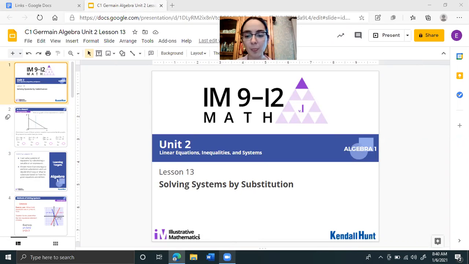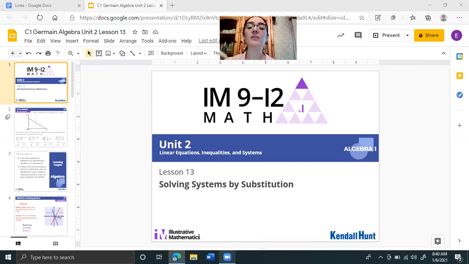Perfect. Here we go. So today we are solving systems of equations using substitution. The idea was that in theory you wouldn't have had exposure to substitution since last year. But that is not the case for you guys, because we did solving systems of equations using substitution during that little mini unit back in November.